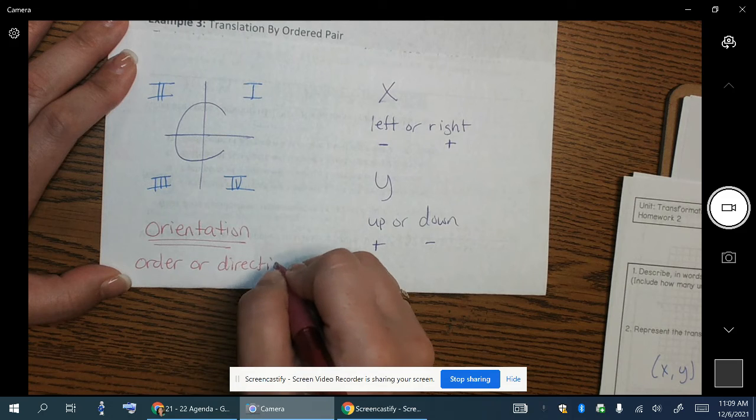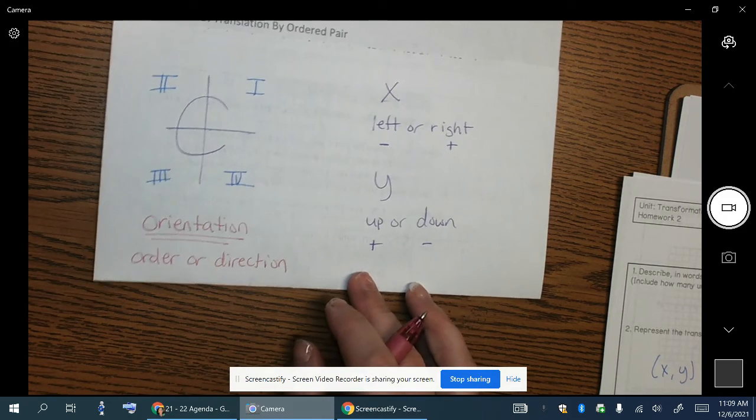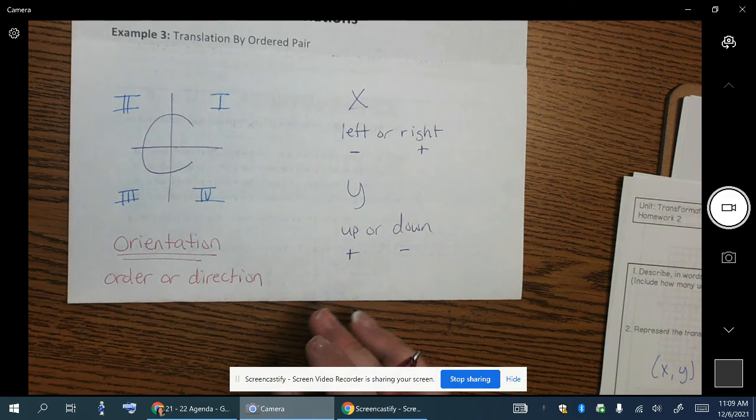So either it's talking about the order of the letters or the direction that your shape is facing. When we translate something, when we slide something, do you think it's going to face a different direction when I slide it? No. So your orientation is not going to change. Just like dilations, did our order change? No. It will change on the next.